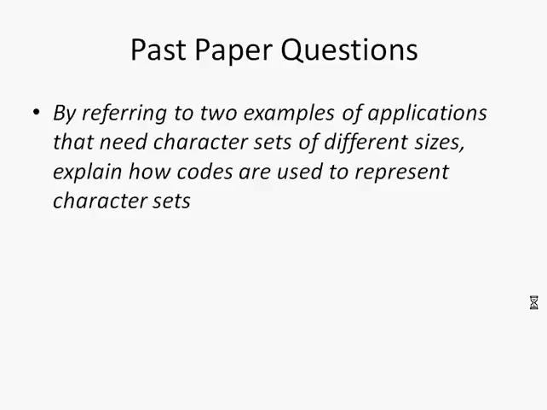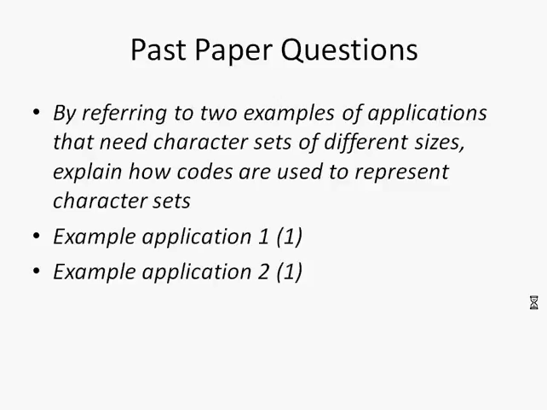A more complicated, more advanced question might be, by referring to 2 examples of applications that need character sets of different sizes, explain how codes are used to represent character sets. And you'd get asked for a first example worth 1 mark, a second example worth 1 mark, and then your explanation of their uses of codes for a further 4 marks.